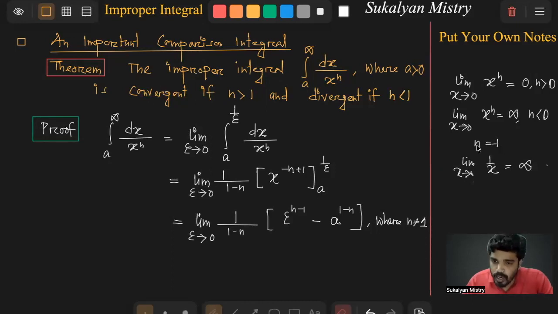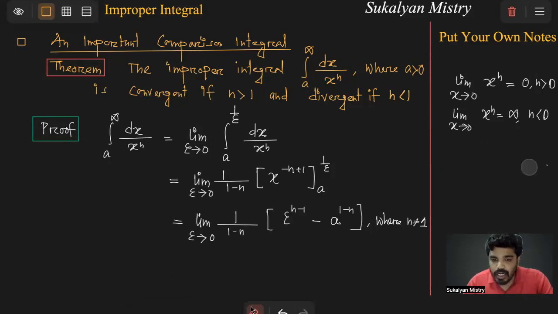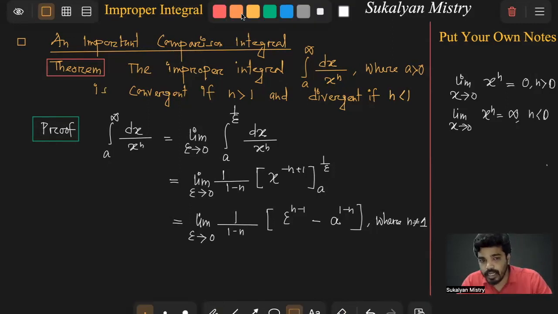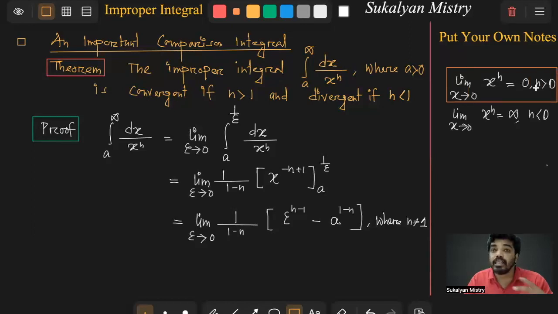So what is our conclusion is that limit x tends to 0 x to the power n equals 0 if n is positive and equals infinity if n is negative, okay ঠিক.